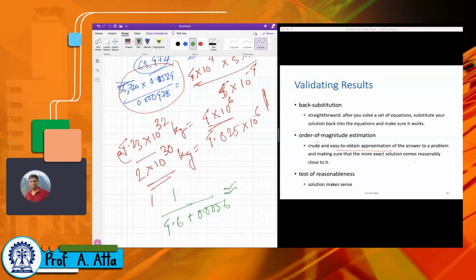We estimate this as simply 1/5, I would say. The intermediate step is 1.46. We neglect the second term because it is so negligible compared to the first term. Even if we add it, this value doesn't significantly change. So you basically come to this value.